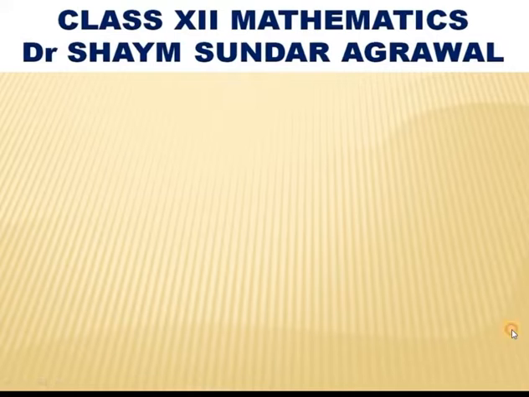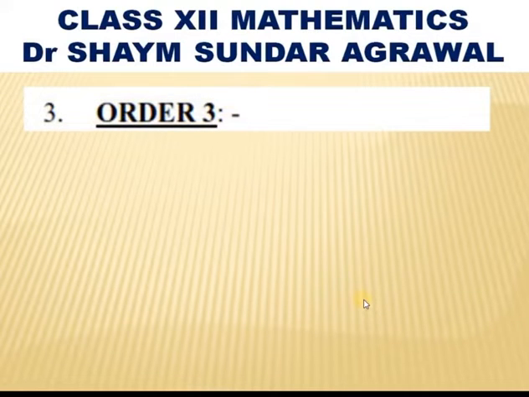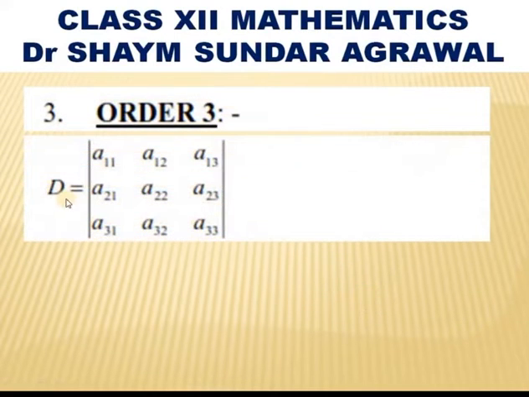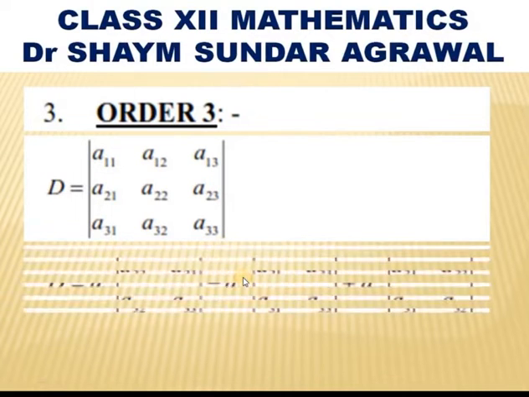Is it clear? Next, how do we find the determinant of order 3? A determinant of order 3 has 9 elements, 3 elements in each row and column. The elements are A11, A12, A13, A21, A22, A23, A31, A32, A33.